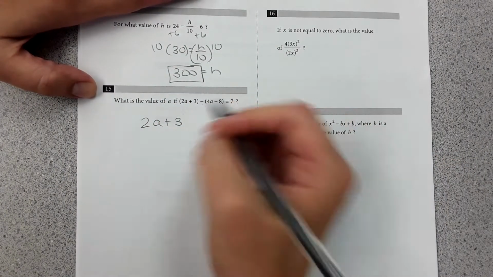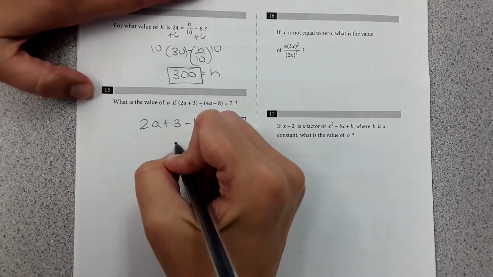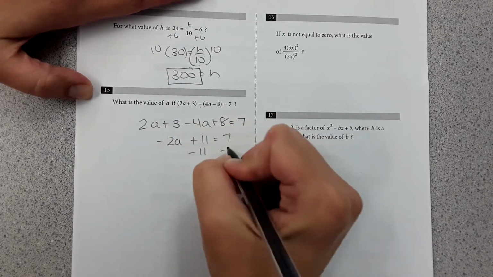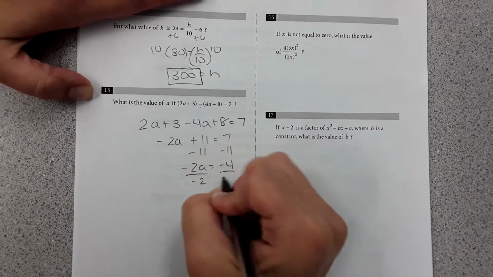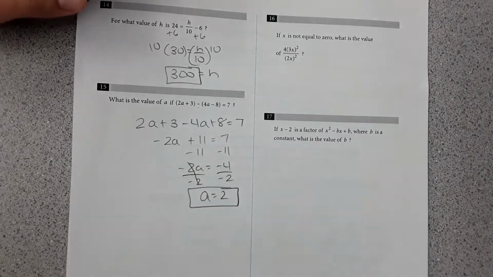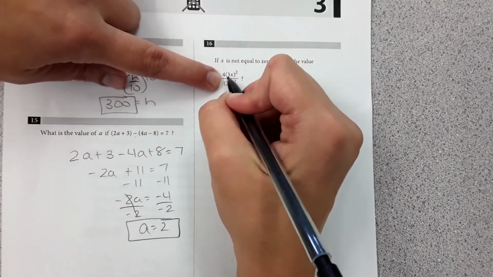We have to distribute the negative to both of those terms. A equals 2. 16, here we have an exponent.